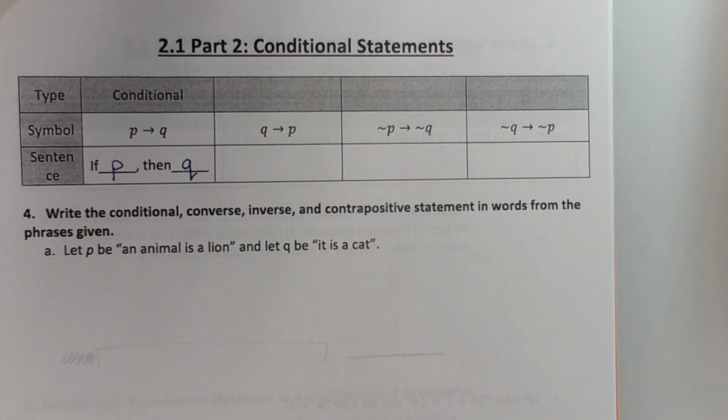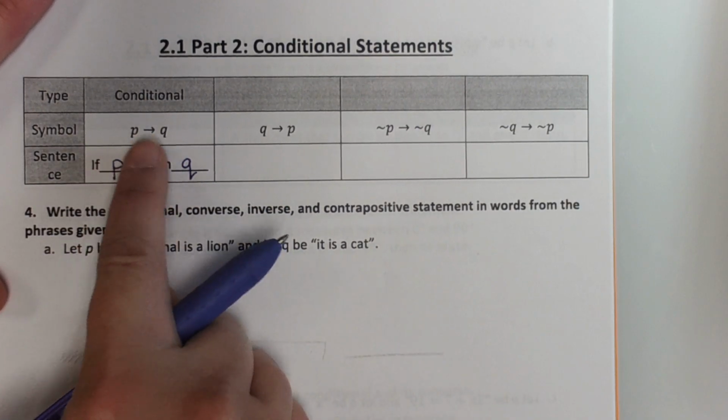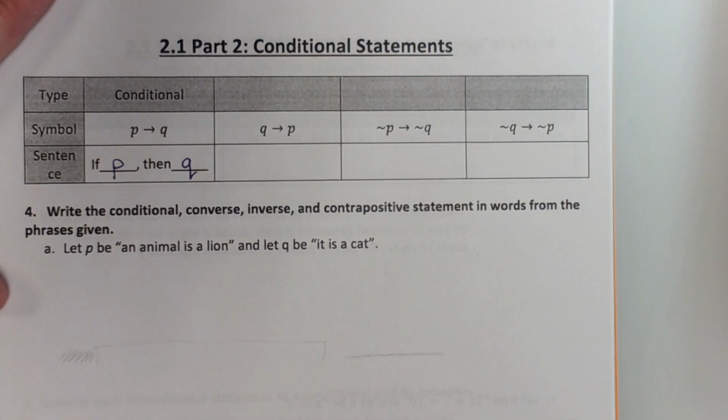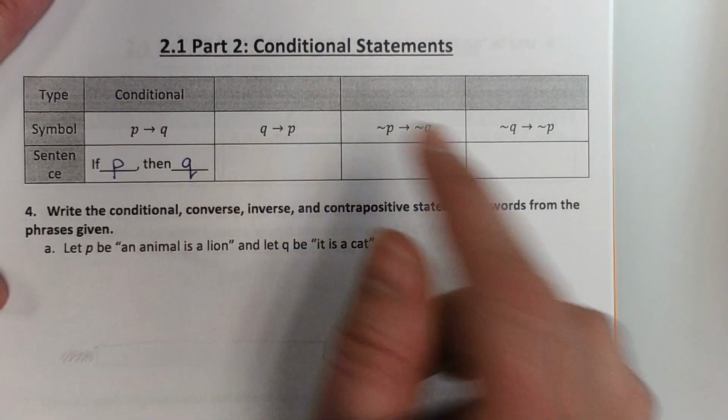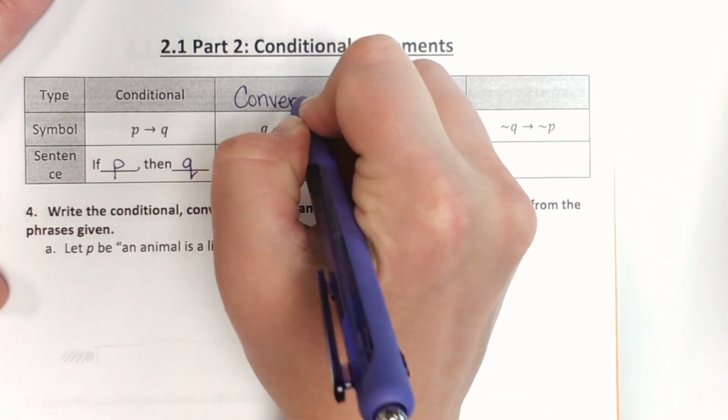I can take an original conditional statement that has two specific statements to it, and I can adjust it. I could flip around the P and the Q and go if Q, then P. When I do that, that's known as the converse.